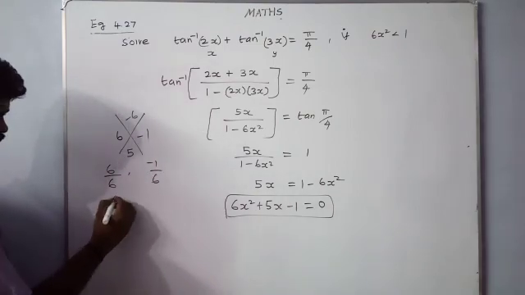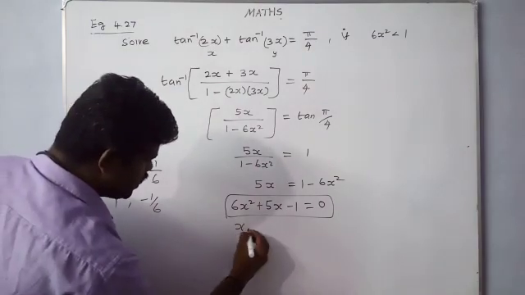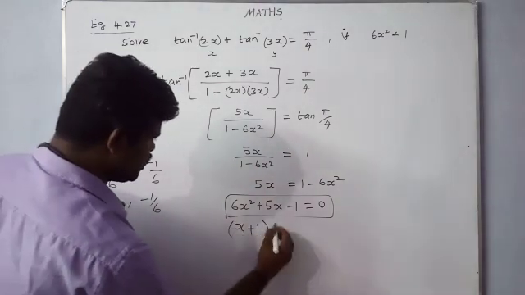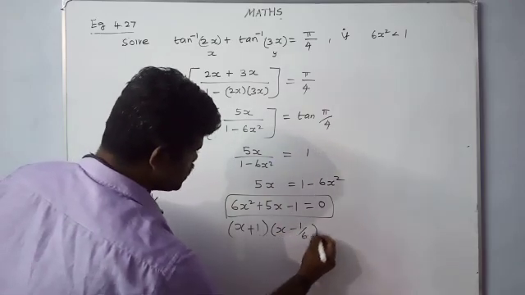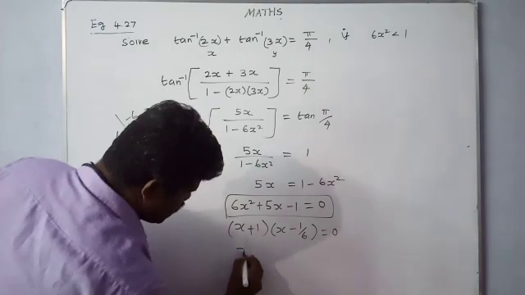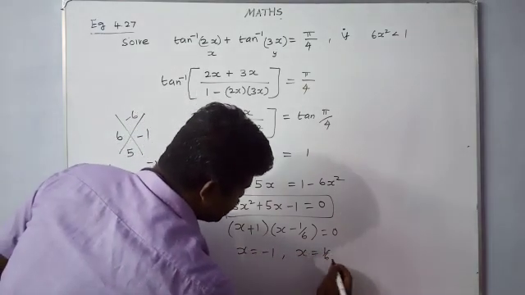So the factors are 1, comma minus 1 by 6. Therefore x plus 1 into x minus 1 by 6 is equal to 0. Therefore x is equal to minus 1, and x is equal to 1 by 6.